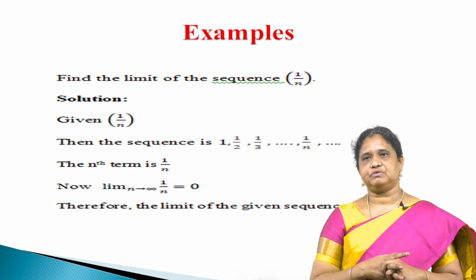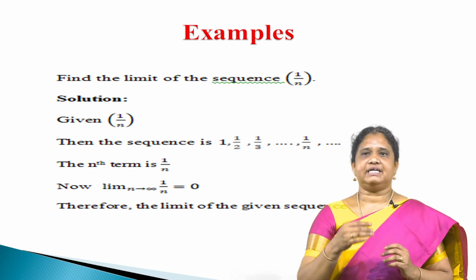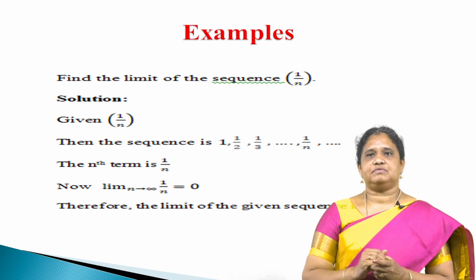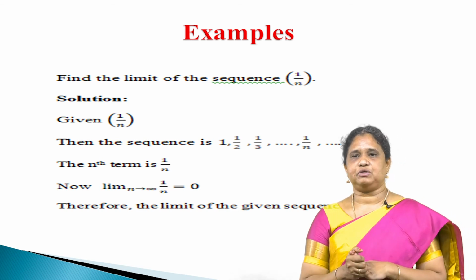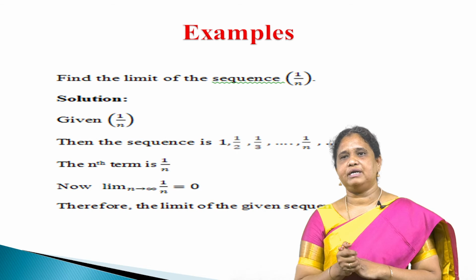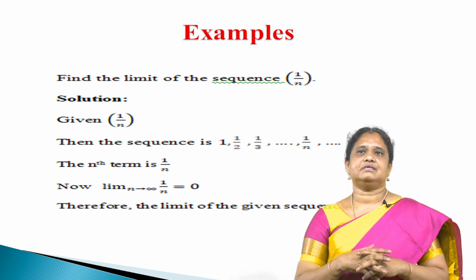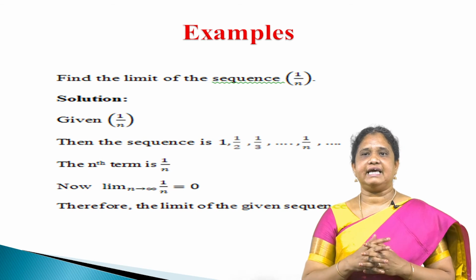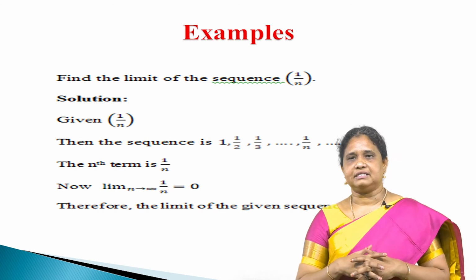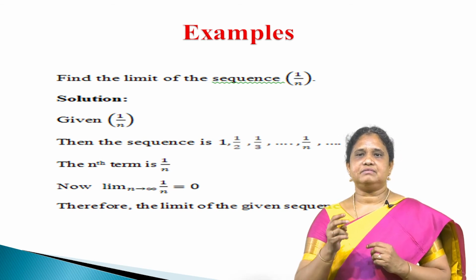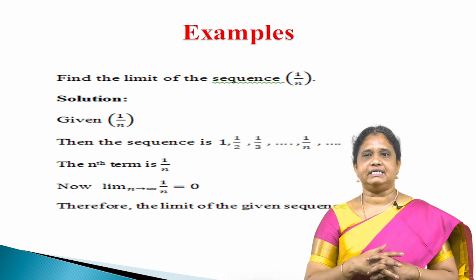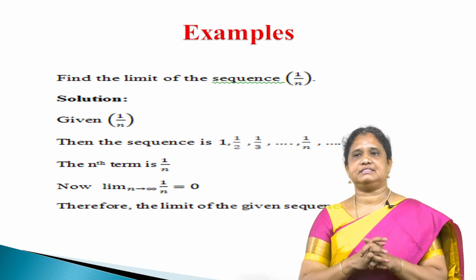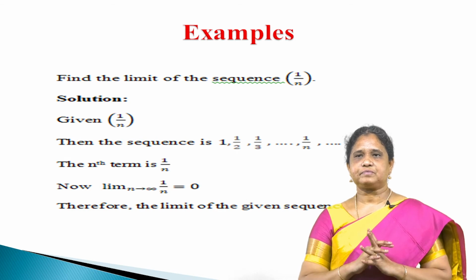Previously we have seen the definition, and from that let us find the limit of this sequence. We have to find the nth term of the sequence. Here the nth term is 1 by n. So applying the definition, limit n tends to infinity of the nth term, that is 1 by n. When n tends to infinity, the value approaches 0. Therefore, the limit of this sequence is 0.